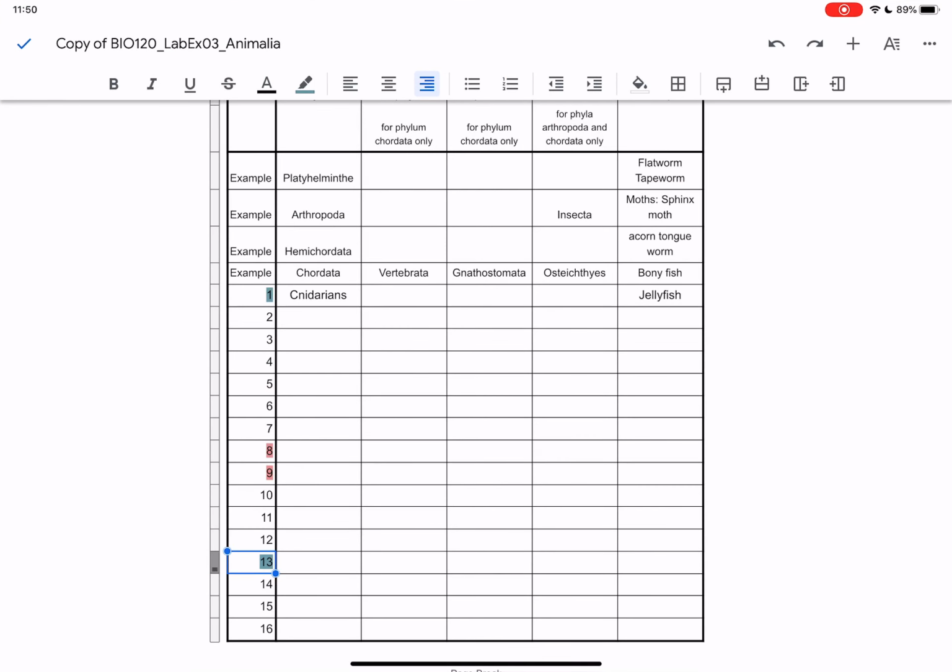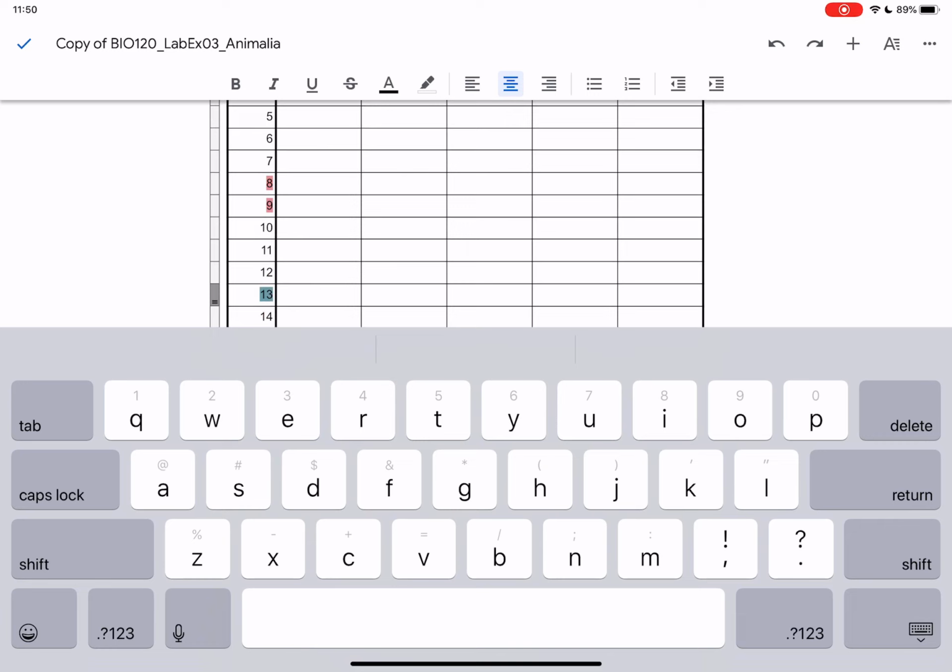So first, just like we did before, we're going to write the phylum. So in this case, chordate. And we're going to write the common name or the example, and that would be a lizard.